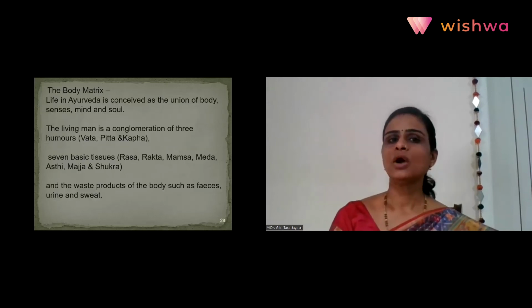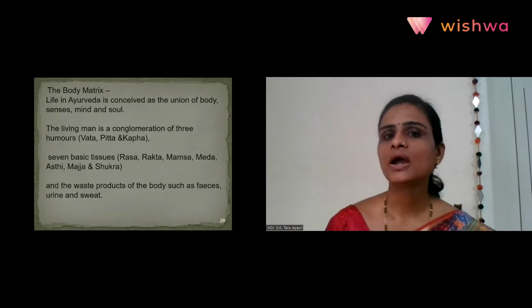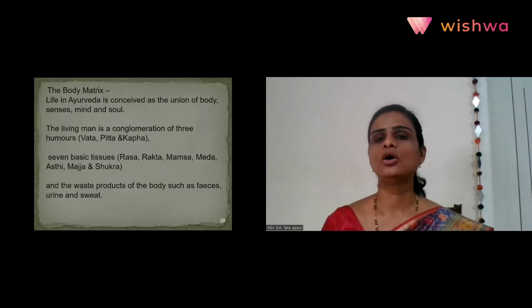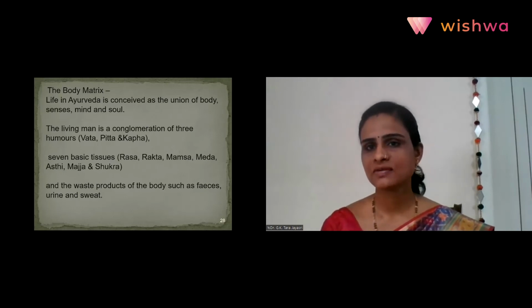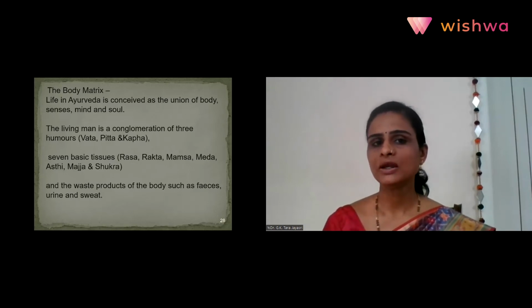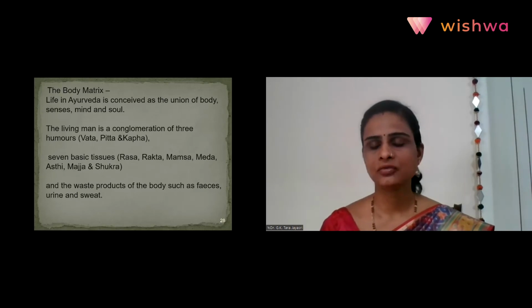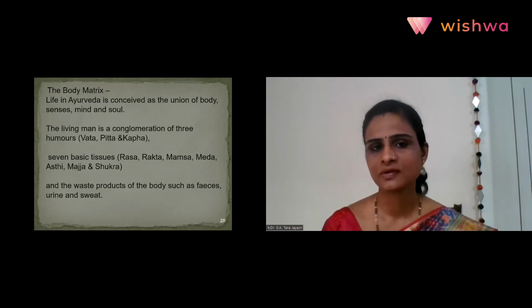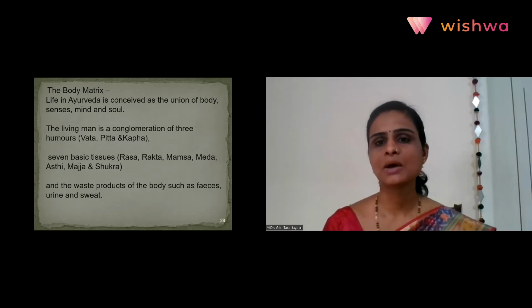As we all know, life in Ayurveda is conceived as a union of body, sense, mind and soul, as I mentioned earlier. In that, the main humors of a living person are Vata, Pitta and Kapha, which are the 3 doshas. And the basic tissues, the Sapta Dhatus of the body, are Rasa, Rakta, Mamsa, Medas, Asti, Majja, Shukram. We'll deal with that in detail in the later slides.